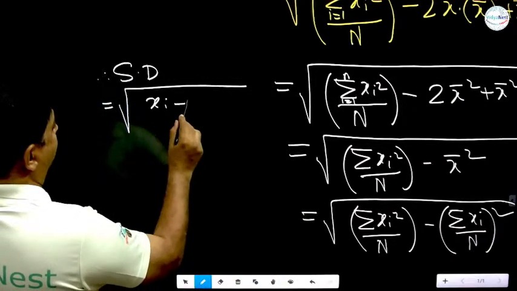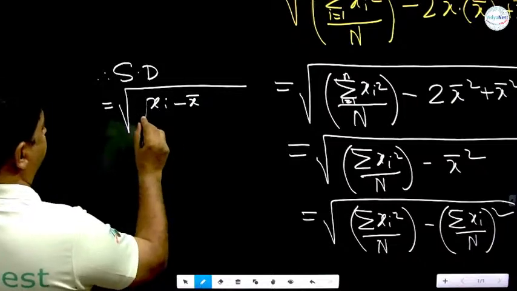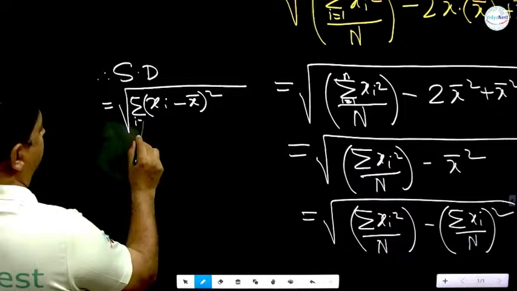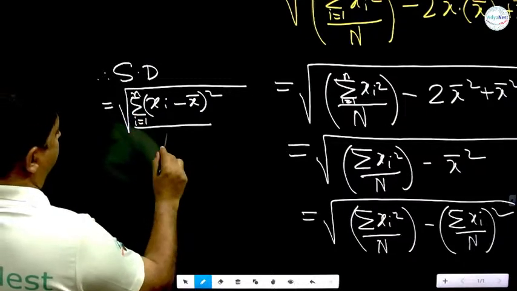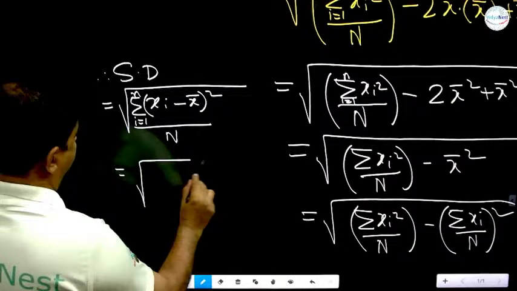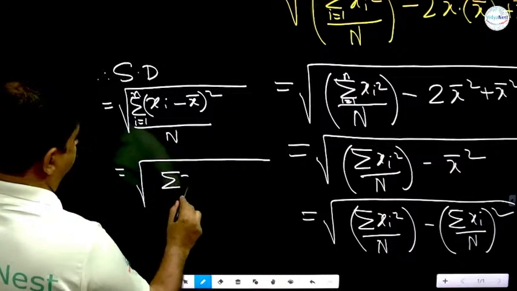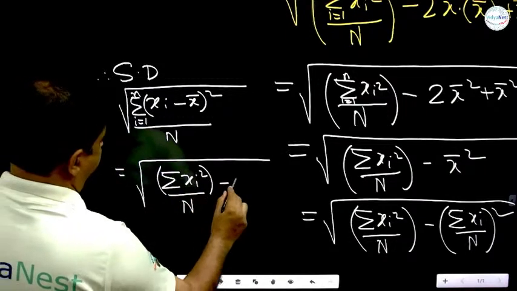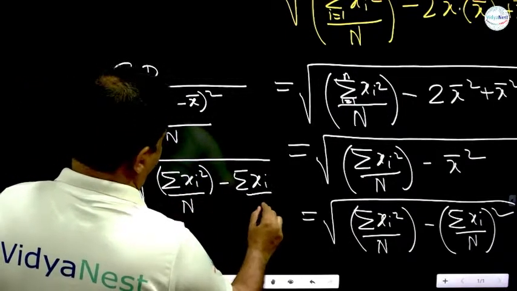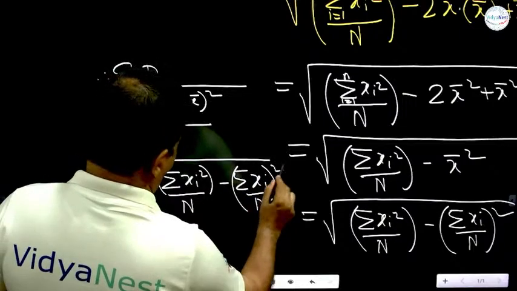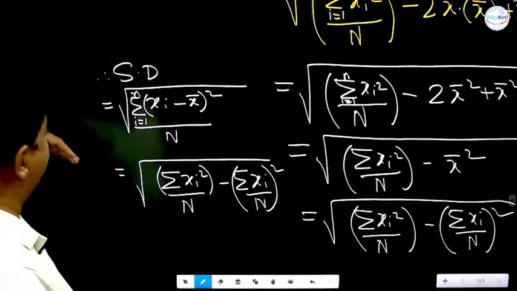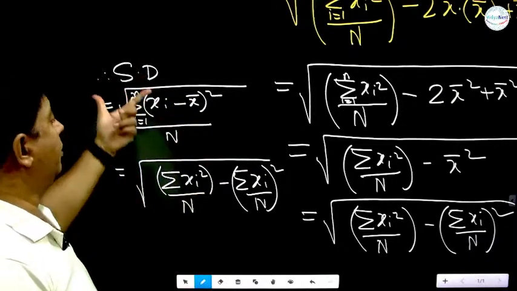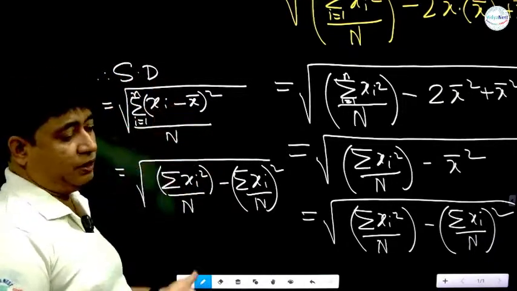One is summation of xi minus x bar whole square, and the other. So the standard deviation without frequency has two types of representation.